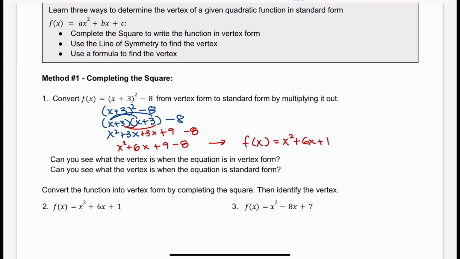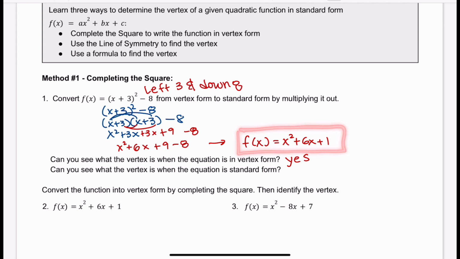Now, when it's in vertex form, you can easily see what the vertex is. It's saying that the parabola is going left 3 and down 8. So in vertex form, we can easily see what the vertex is, but in standard form, it's not as obvious.